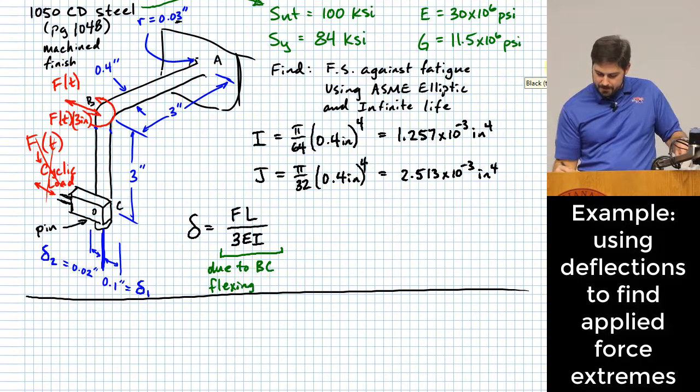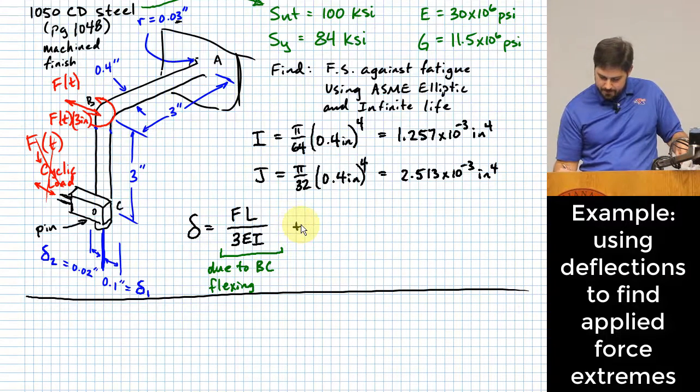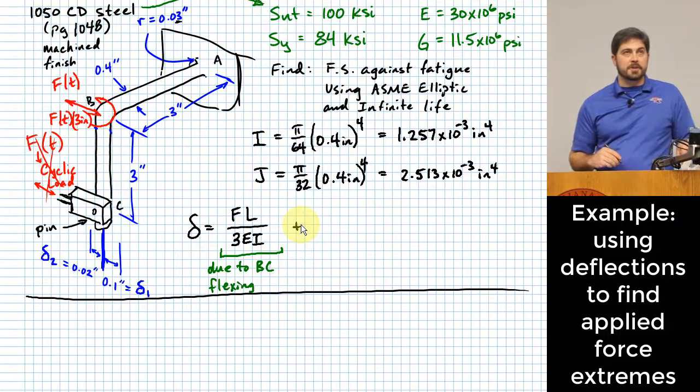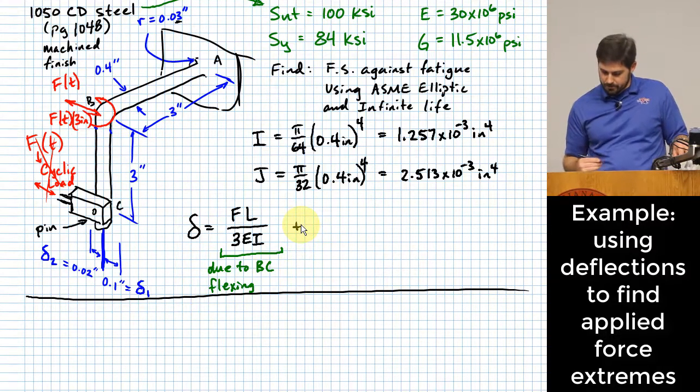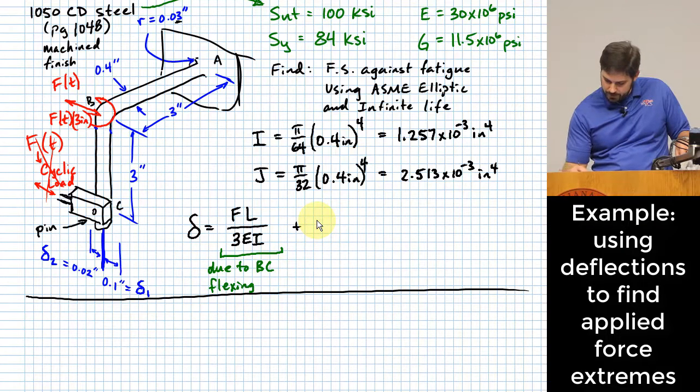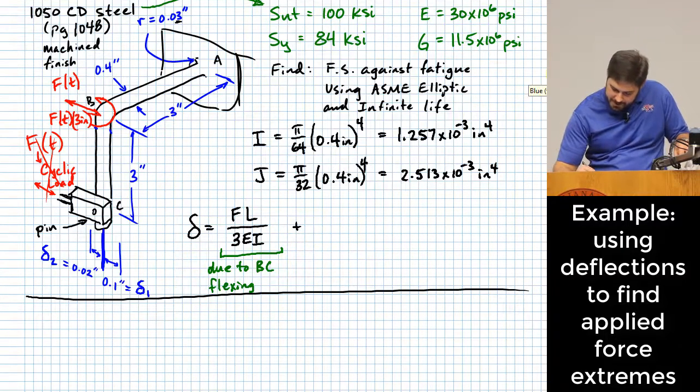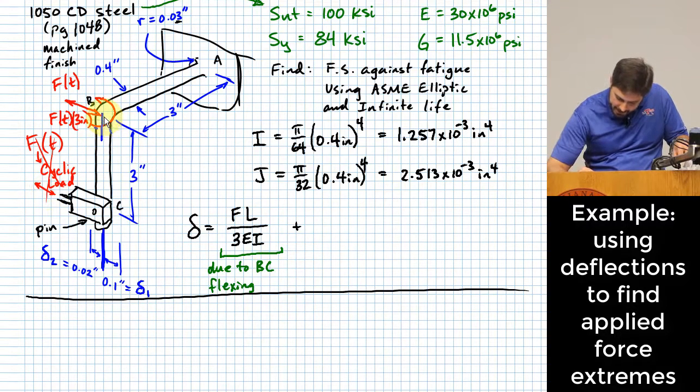What else do we have? Okay, we've got a twist going on. How much does that contribute? Well, let's define this and say that as a result of the load being applied, it might twist through some angle theta.